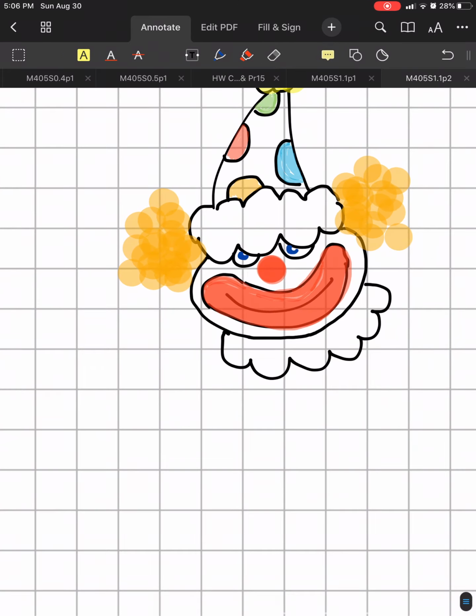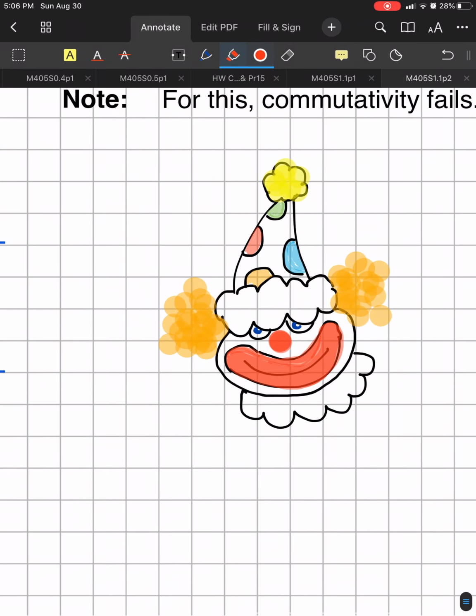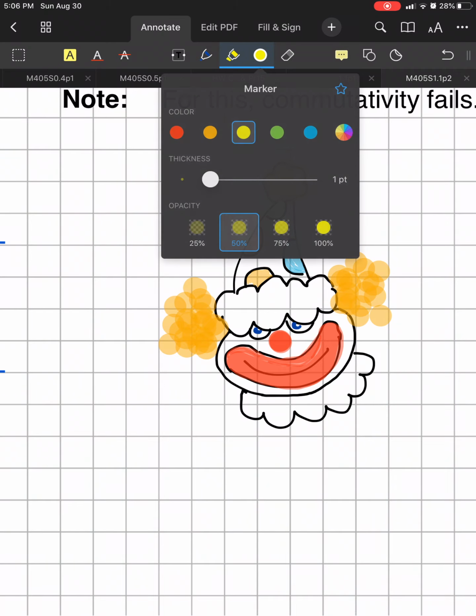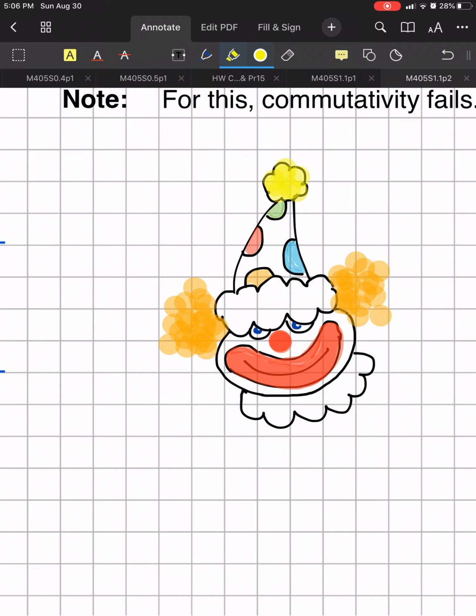Not being graded on this, I guess. Let's see, and yellow right here. Let's make it back to, what was it, 9.5? Okay.